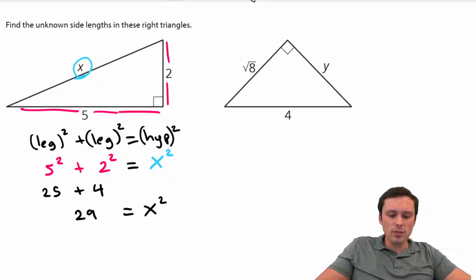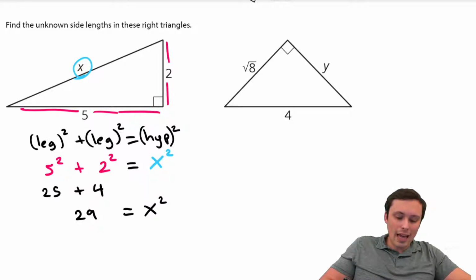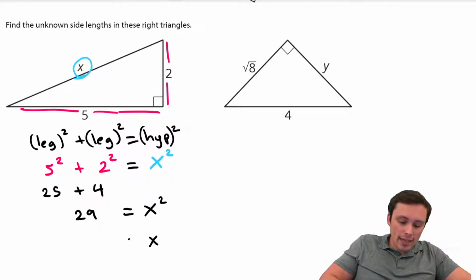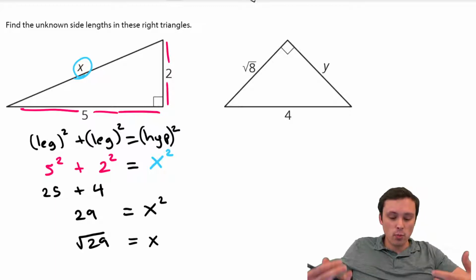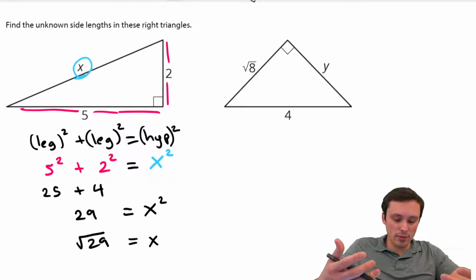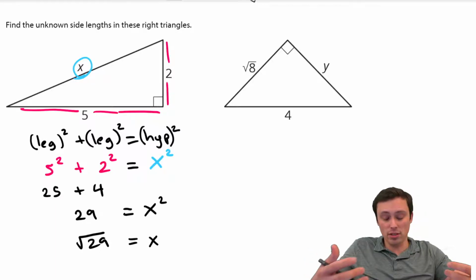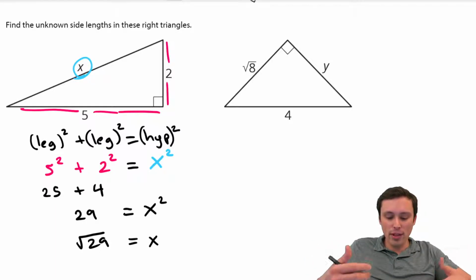Well, here's where you could use what's called an inverse operation. You can realize that if x squared is 29, then x should be whatever the square root of 29 is. Okay? That's what square root means. It means what number would you square to get 29? The square root of 29. So that's how you can solve this.